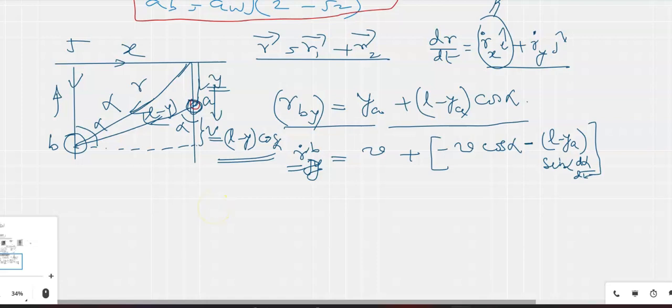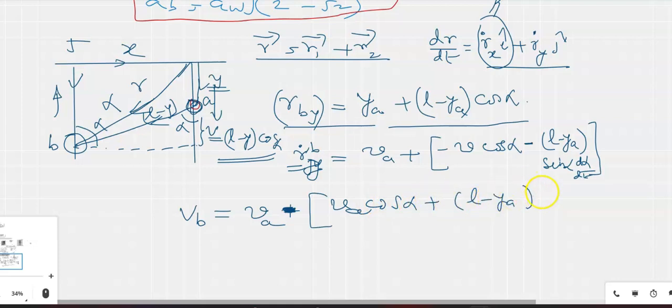This we can write as: the velocity of b, vb, is equal to the velocity of a. Sorry, this we can take as minus. Then what we get is va cos alpha plus L minus ya sin alpha d alpha by dt.